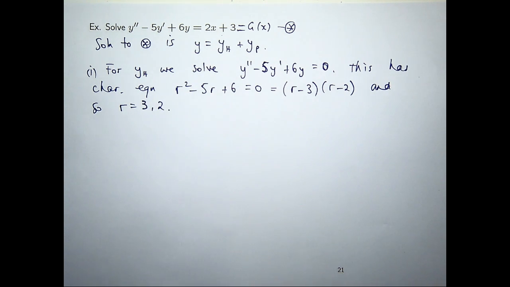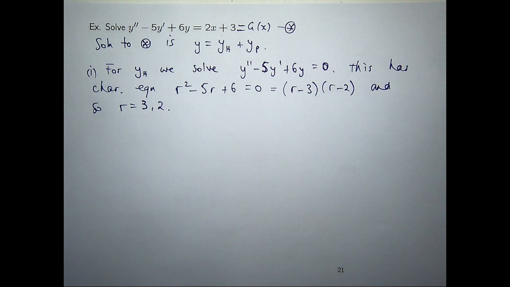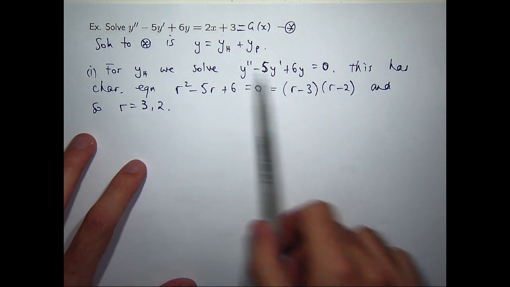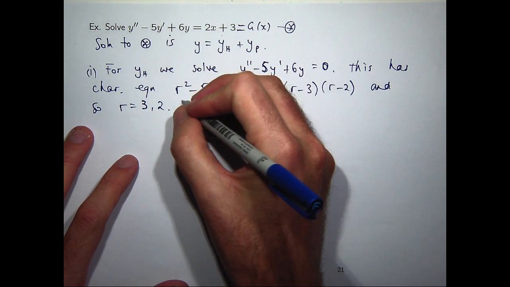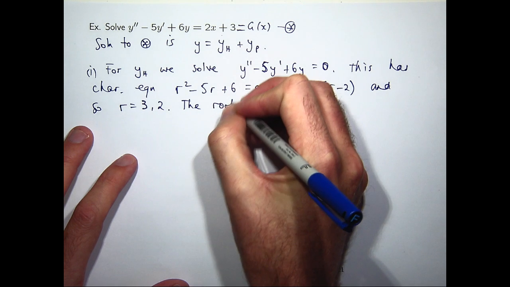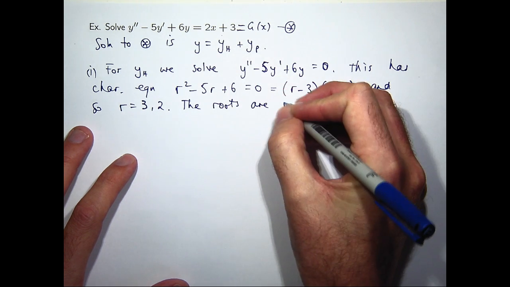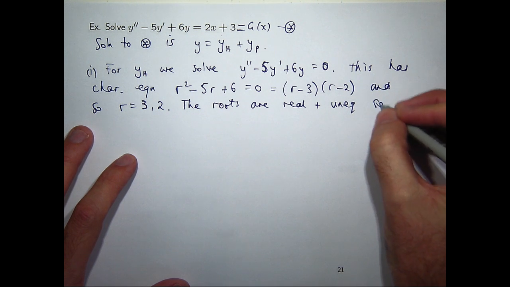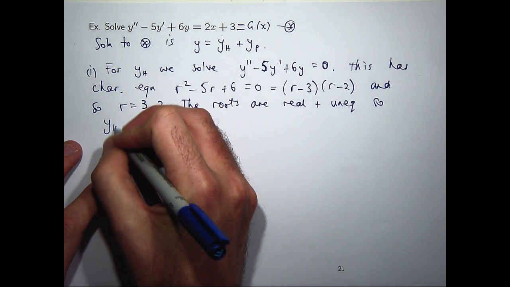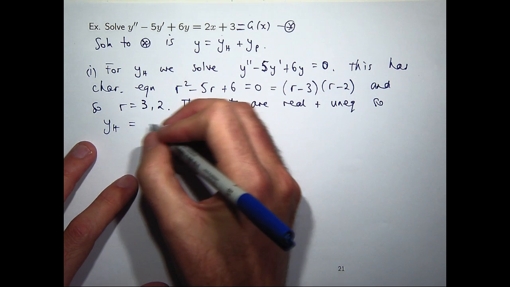Okay, so we look at the roots. They are both real numbers and they're unequal. Therefore, y sub h, the solution to the homogeneous problem, will have a special form. So the roots are real and unequal, so y sub h has the following form.